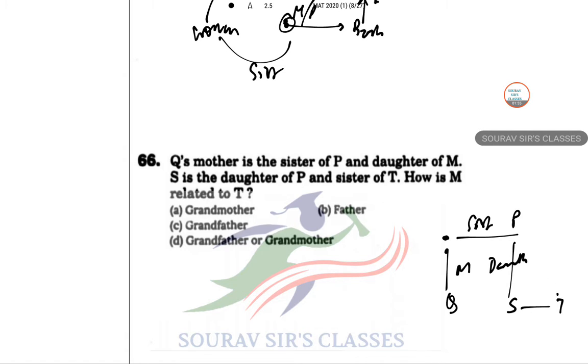How is M associated with T? So this is a daughter again. So the answer is D, that is grandfather or grandmother, because we don't know the gender of this person.